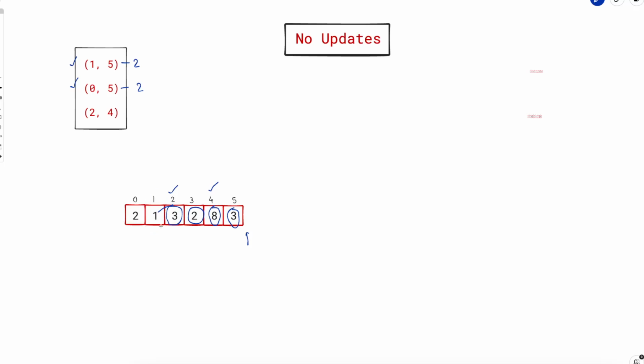Why? Because previously in 1, 5, this index doesn't have a previous element at all, so it can't be a peak element for sure. But in the second query 0, 5, this element has a previous element, so it can be one of the possible peak elements if the other criteria are satisfied, right?